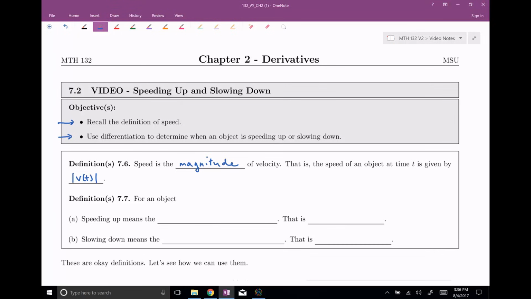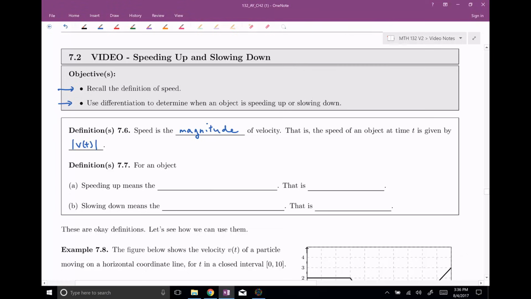All right, so for an object speeding up, this phrase, speeding up, means that the speed is increasing. Well, that's saying how it's changing, talking about a rate of change. And so a rate of change is really the derivative, right?